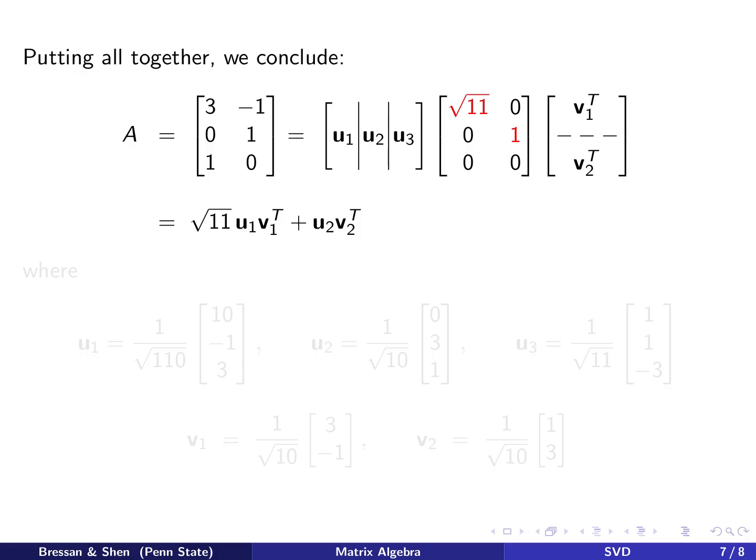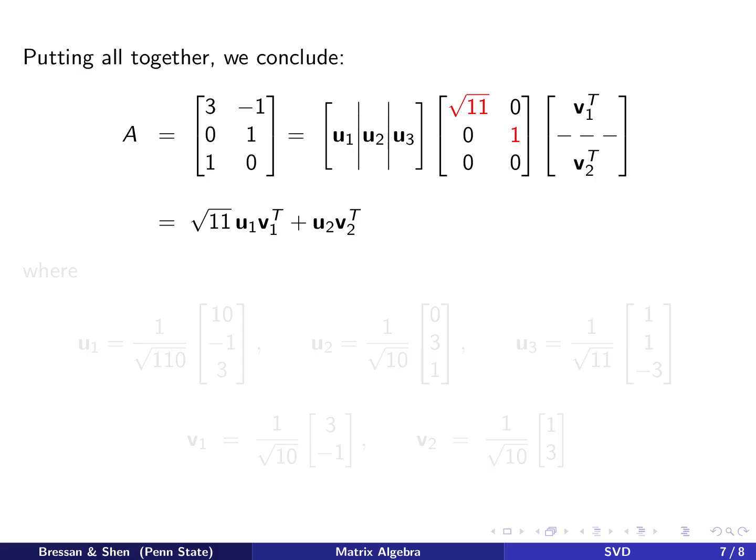Now we can put everything together, and so we'll have the A matrix here equal to this U matrix times D and times V transpose. And we can write out each element here. So square root of 11 will be associated with U1 and V1 transpose.